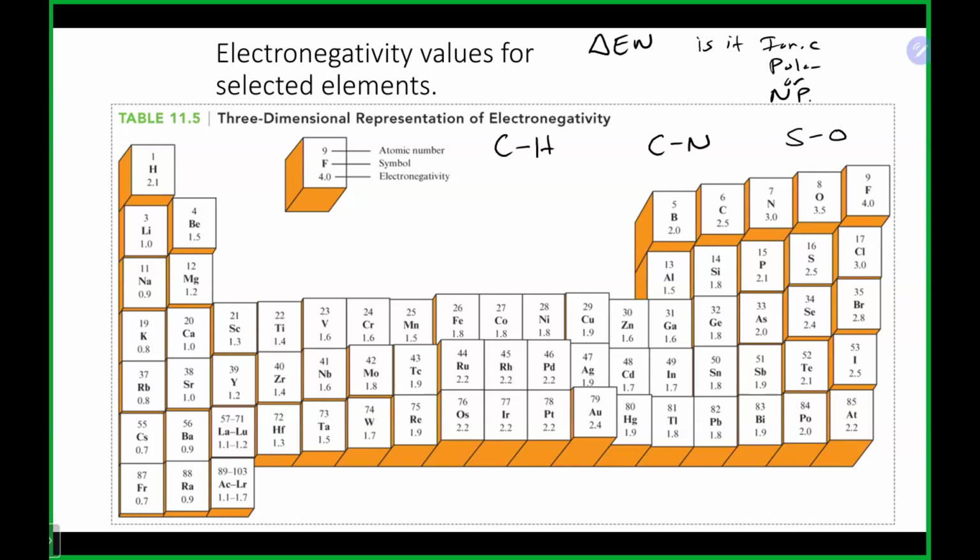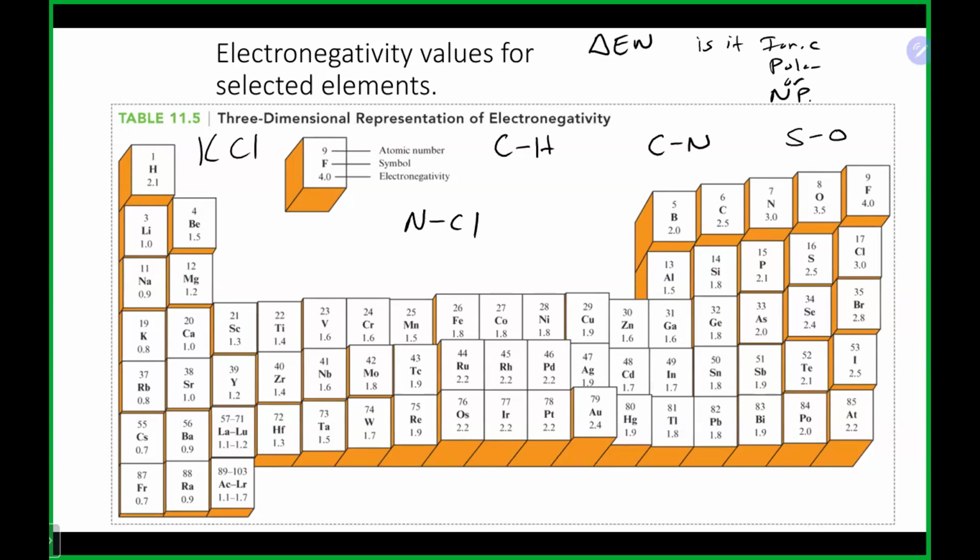Let's do nitrogen and chlorine, and let's do potassium and chlorine. All right, so take a moment for each of those. Determine the difference in electronegativity values based on the table, and also is it ionic, polar, or nonpolar?